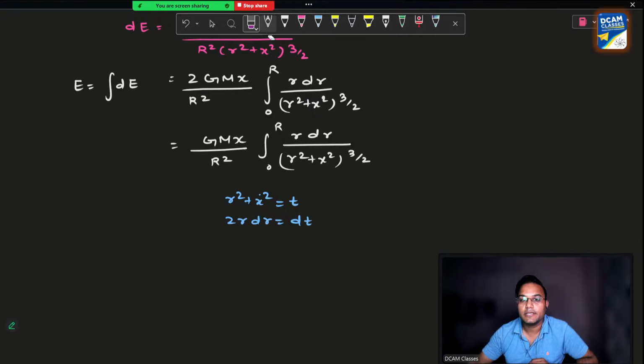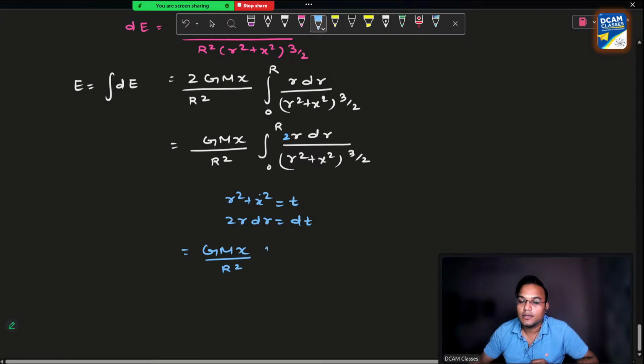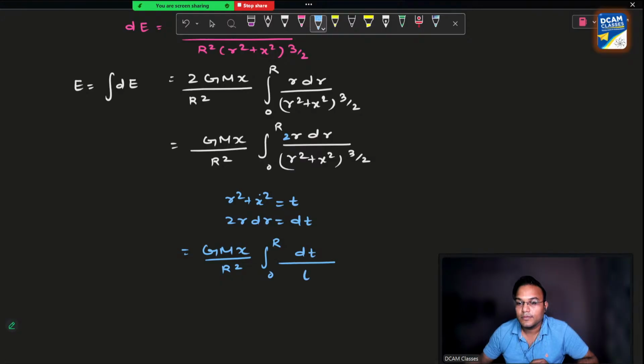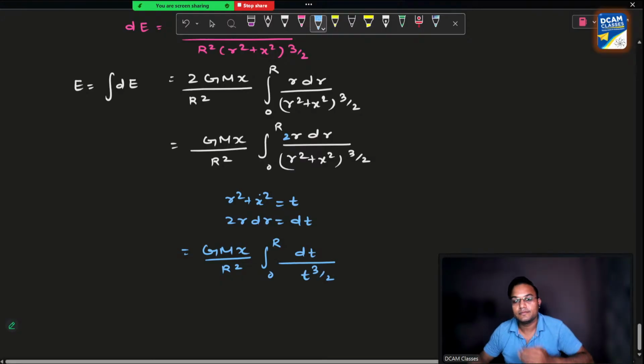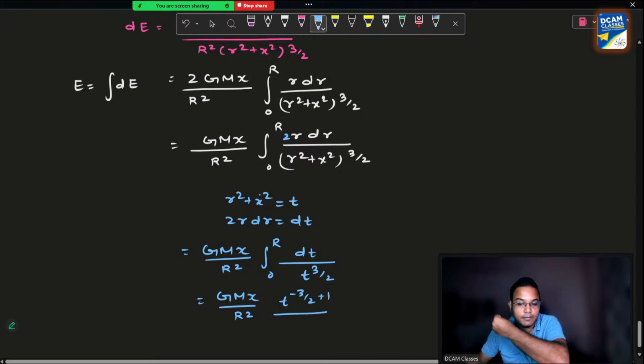So I'll bring inside. GMx by capital R square, dt by t power 3/2. See how easy it has become. GMx by capital R square, t power minus 3/2 plus 1 by minus 3/2 plus 1, 0 to R.